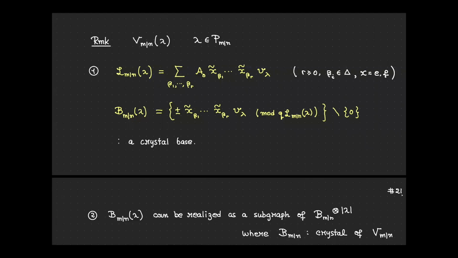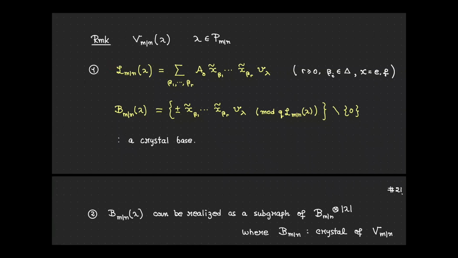But eventually, it turns out that the crystal lattice is also spanned by the A0 span of monomials, where we start from the highest weight vector and apply finitely many times x, where x is E or F. Then the A0 span of this kind of monomial gives the crystal lattice, and its image at q equals 0 gives the crystal basis.